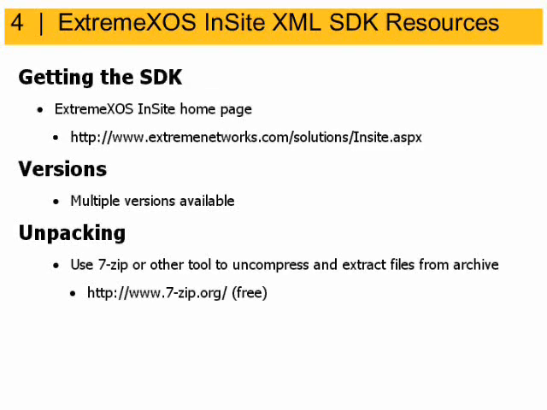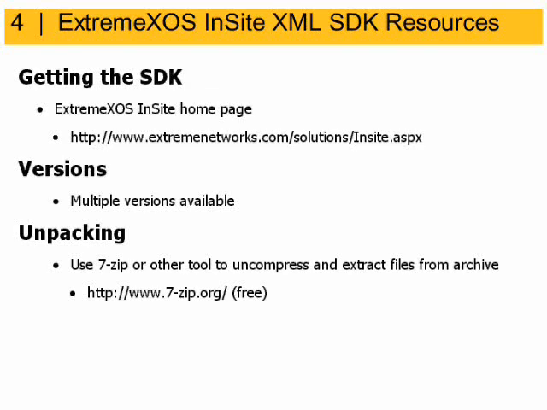There are a number of resources that you will need in order to begin using the InSite XML SDK with Microsoft's C#. First, go to the ExtremeNetworks website and navigate to the link www.extremenetworks.com/solutions/insight.aspx.